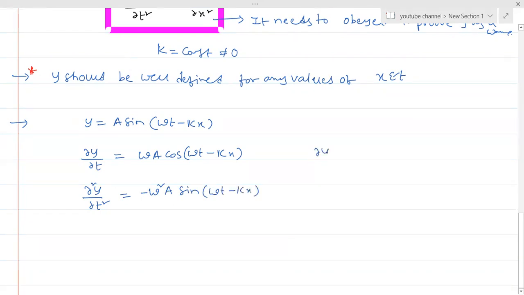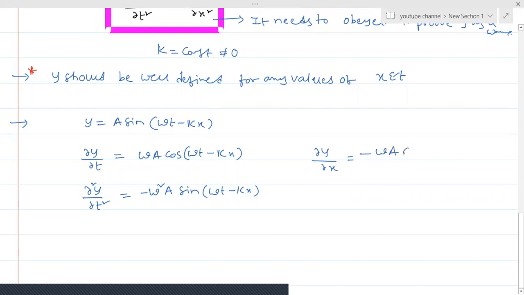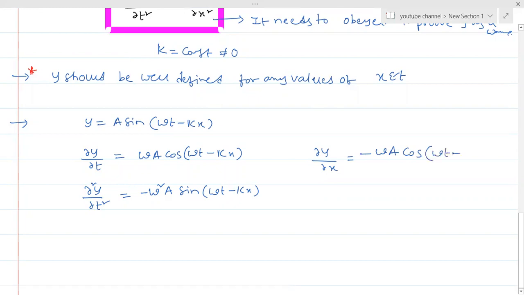Similarly, I am doing dou y by dou x, taking the derivative with respect to x. So we get minus k a into cos(omega t minus kx).